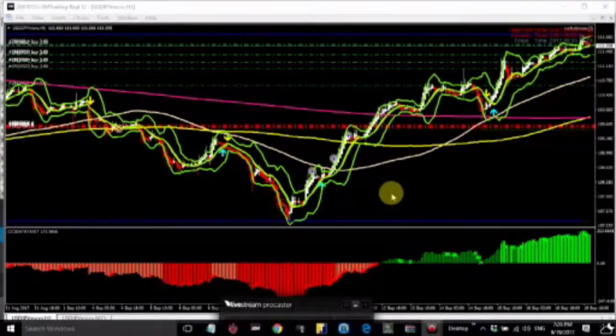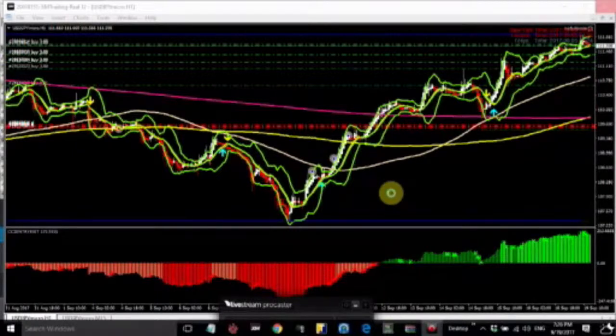This is the first thing you want to bear in mind. But the advantage is that even if you miss your entry, you have a lot of entry points on that moving average.